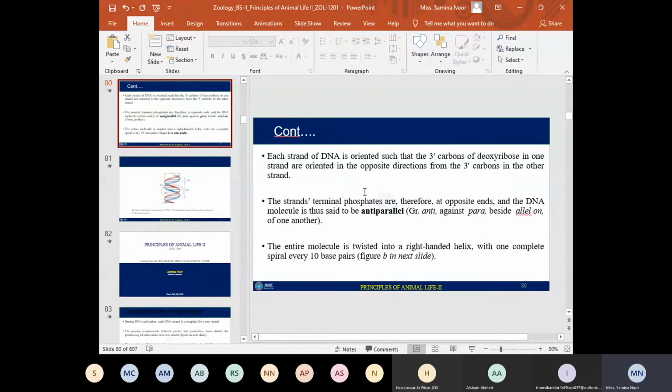In DNA replication, each strand of the DNA is oriented such that the 3' carbons of the deoxyribose in one strand are oriented in opposite directions from the 3' carbons in the other strand. So both strands are in opposite directions.